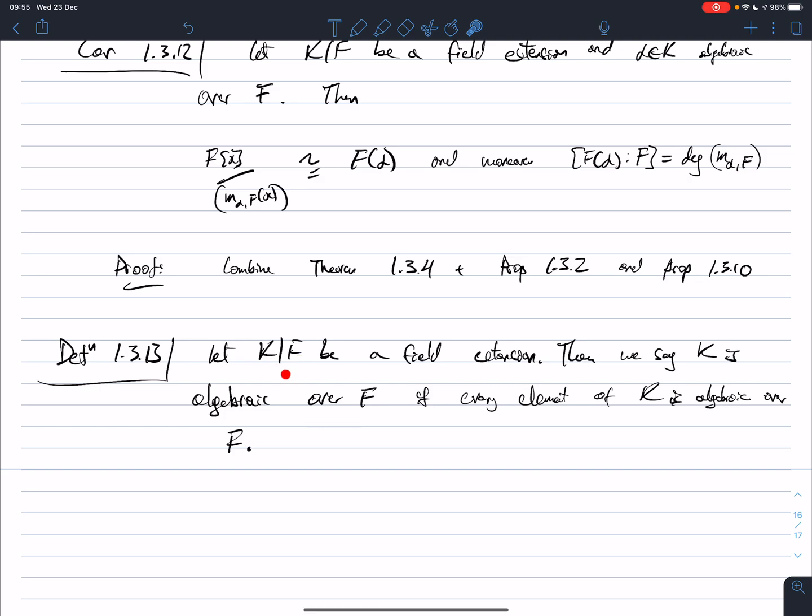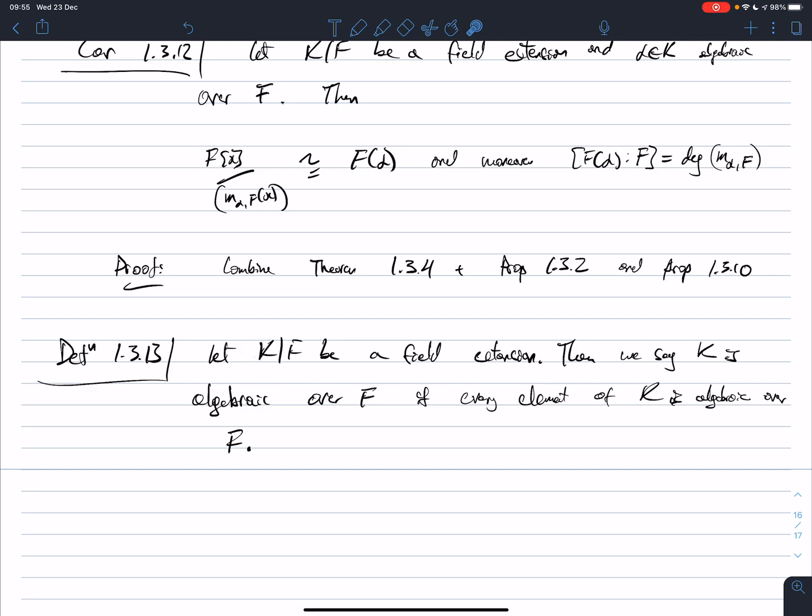So you get some idea of what the elements in K look like by looking at elements in F. You look at F and think, well, let me just look at the polynomials in F[x], and then the roots of these things are going to be the ones that give me algebraic extensions. And so K is just going to be composed of take a bunch of polynomials over F and take their roots. So this is what an algebraic extension is.